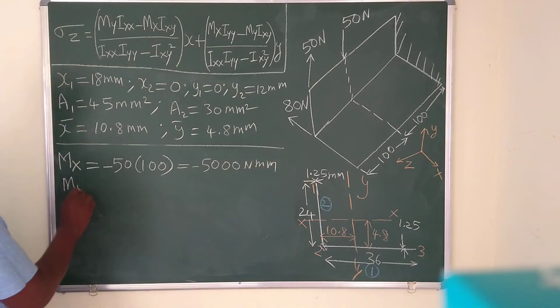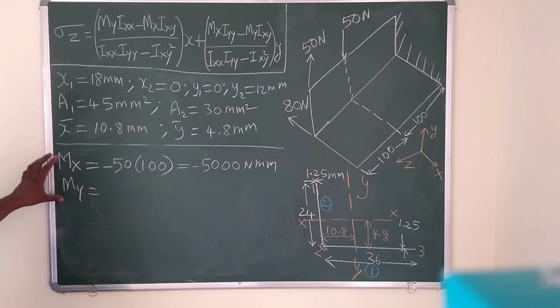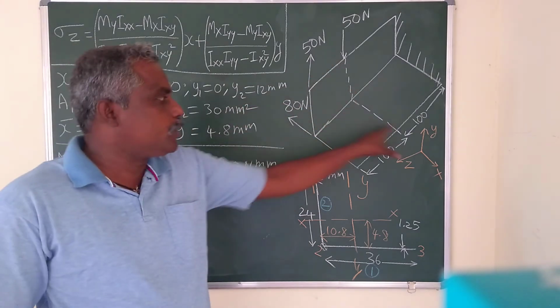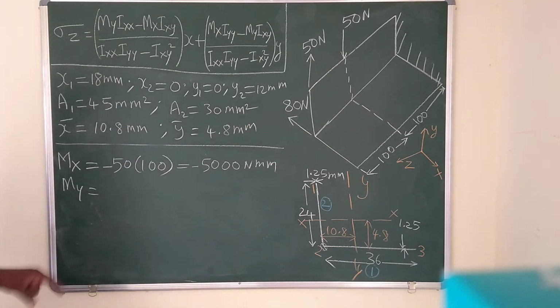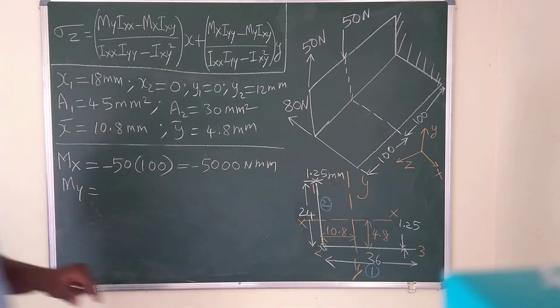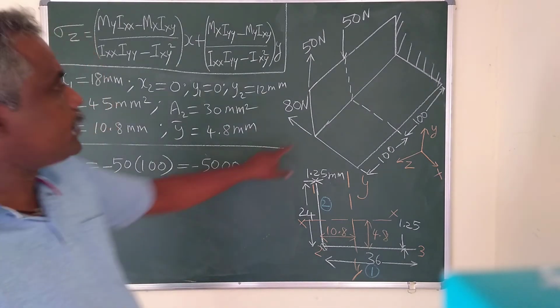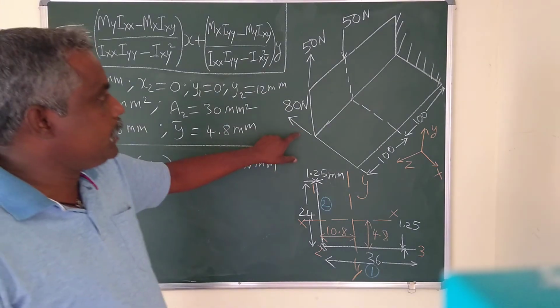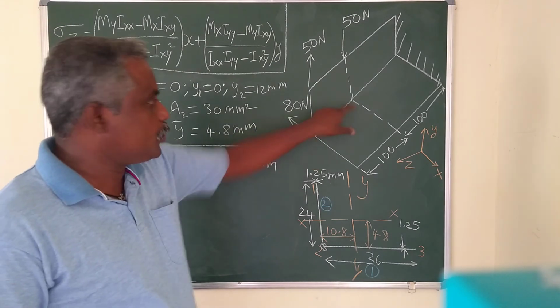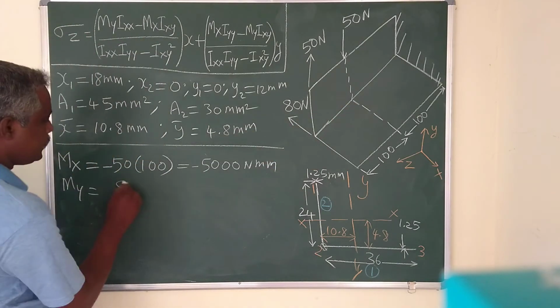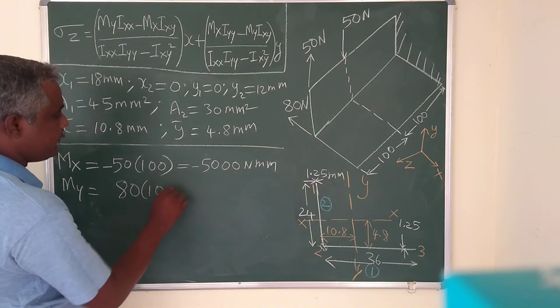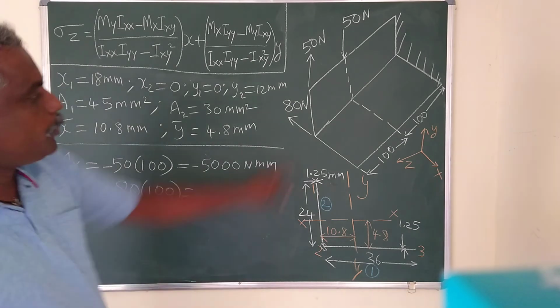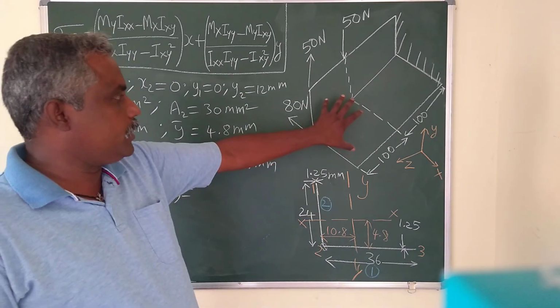And my. So we are finding the bending moments at the mid span of the beam. Please try to understand. So my. The x loads will produce, this is the load acting in x direction, 80 into 100, and this 80 load produces a tension here, elongation.